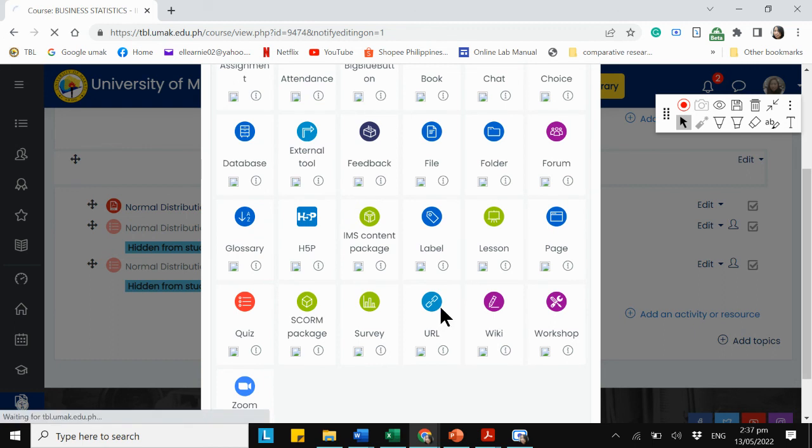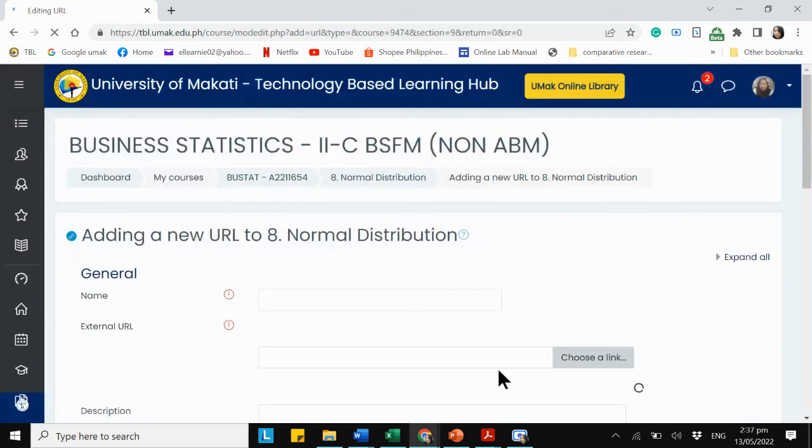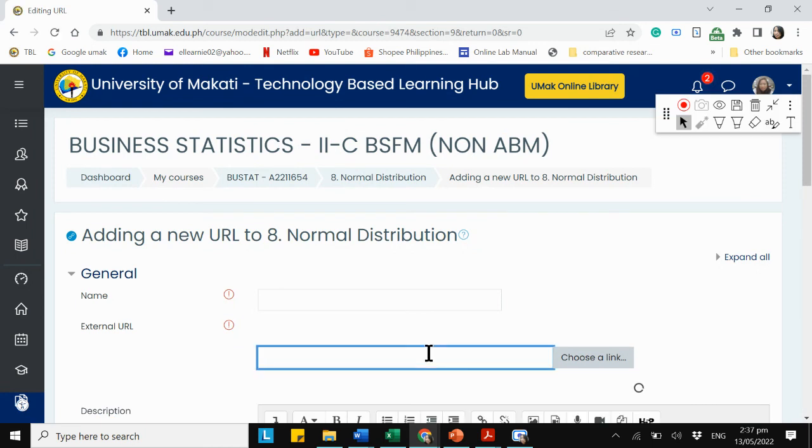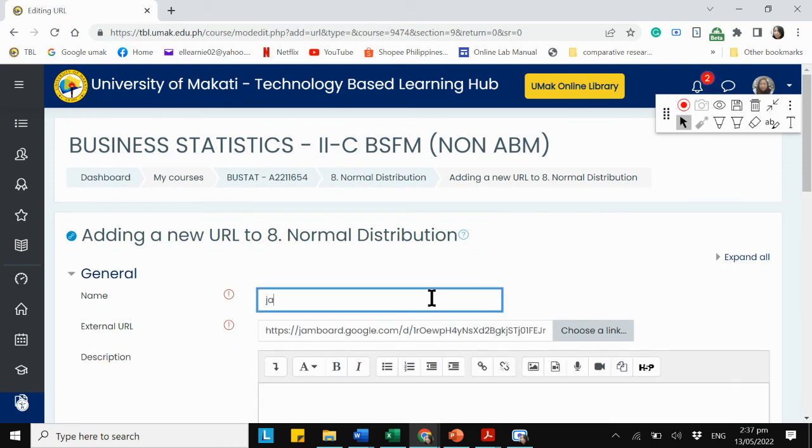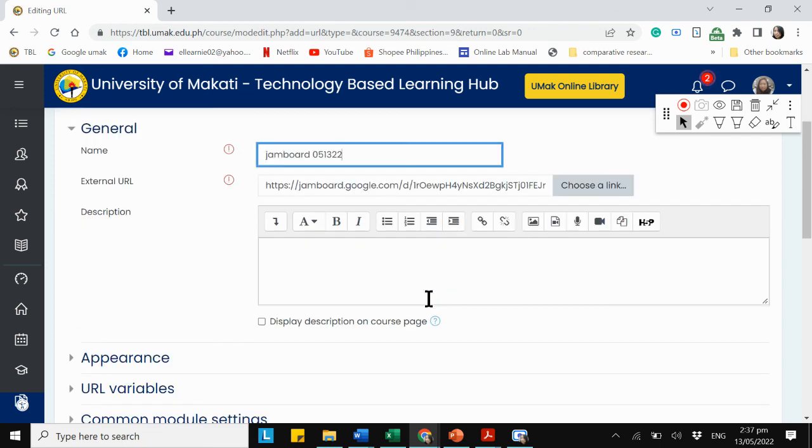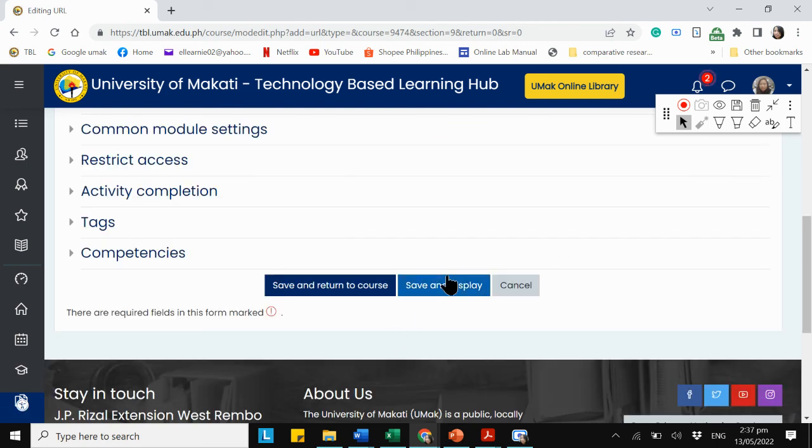Share ko lang tong Jamboard natin for the day. And then I'll show yung ating problem solving. Okay. Yan.